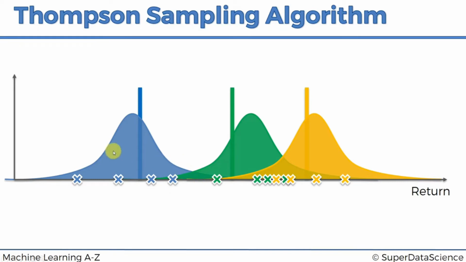The first thing that might come to mind is that, all right, we've constructed a distribution, and so the blue distribution is our attempt at guessing the actual distribution behind the blue machine, right? The distribution that this is the expected return for. And the green is for the green machine, the yellow is for the yellow machine. Well, actually not. That's not the case.